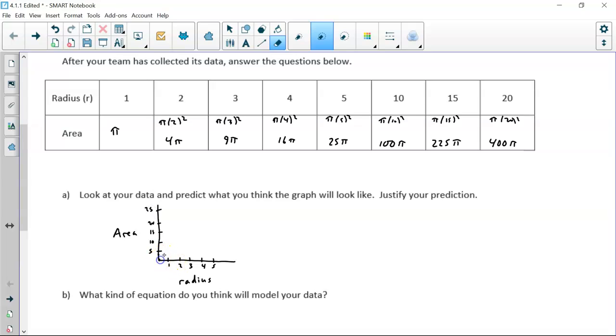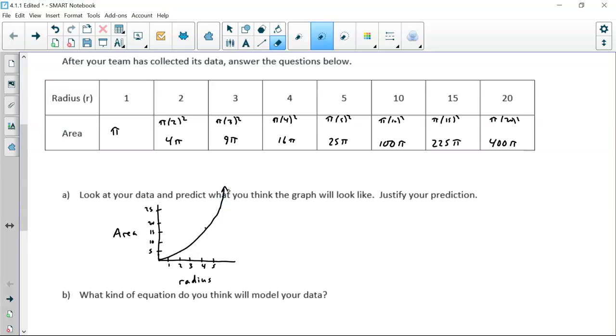Now when it's 0, it's 0. 1 is 1, 2 is 4, 3 is 9, 4 is up to 16, 5 is up to 25. So our graph looks like this.